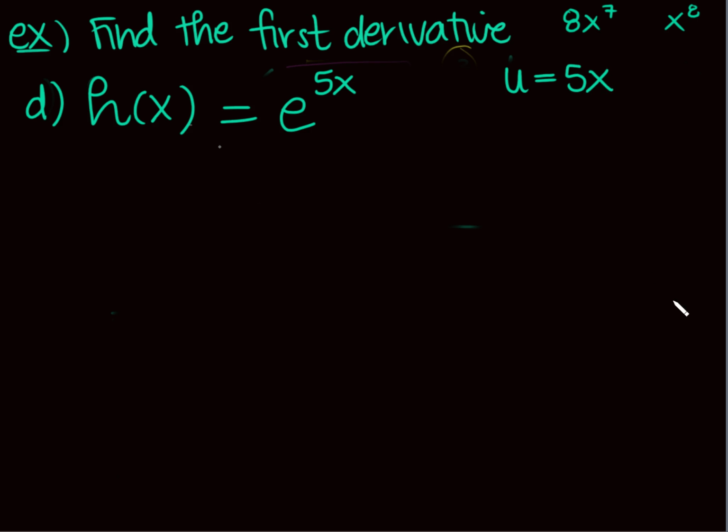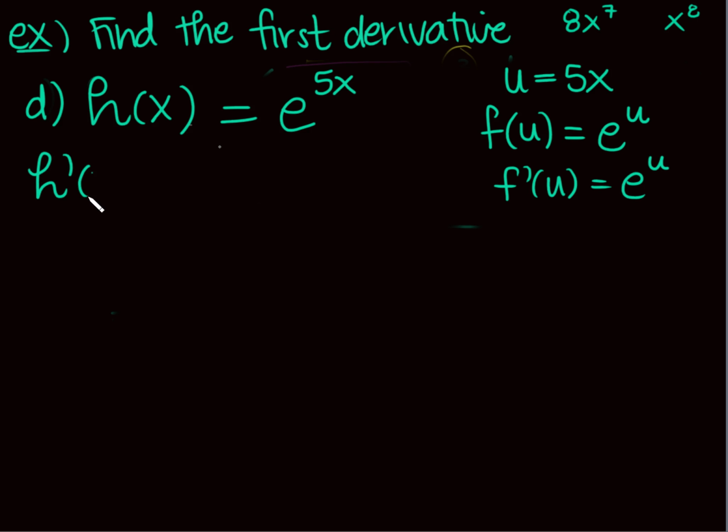So when you're dealing with e, e is actually going to be your outside function, because now f of u is e to the u. Do you see how e then is my outside function? Now remember, what is the derivative of e, you guys? It is just e. You just rewrite it. So when I take the derivative of e using the chain rule, I think of e as my outside function, and whatever is in the exponent is my inside stuff.